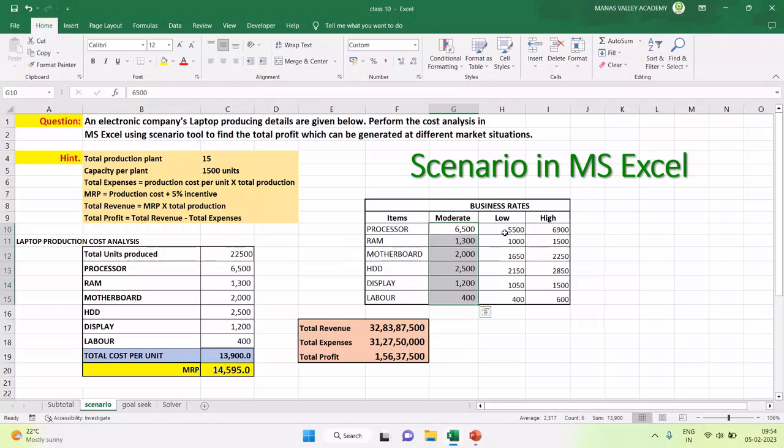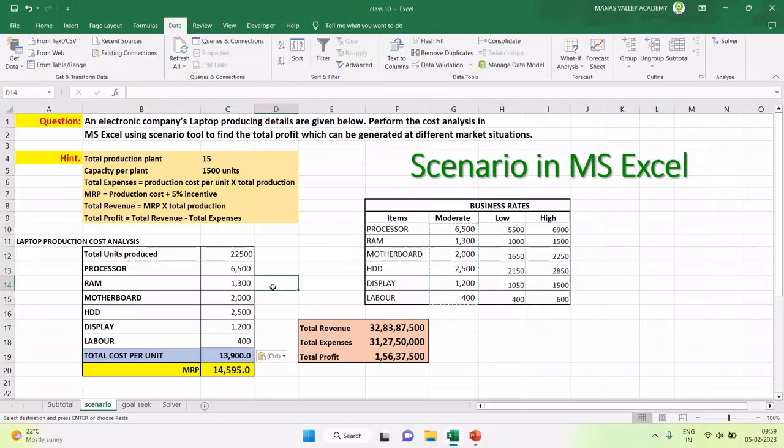Now I have to compare what the cost will be during low business and high business. In this situation, we can use the scenario manager of MS Excel to determine the cost per unit, then the MRP per laptop, total revenue, total expenses, and total profit of the company based on three different business situations.